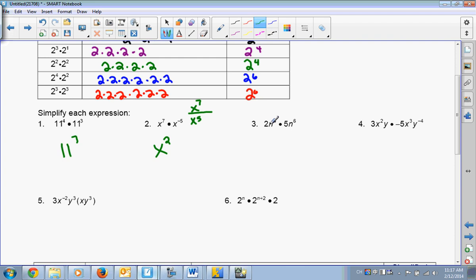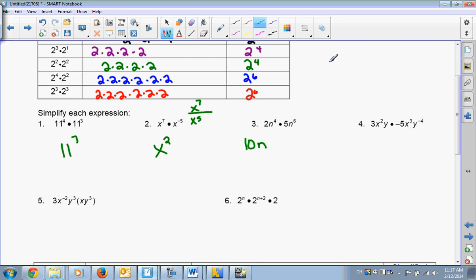The power of 4 applies to the n. The power of 6 applies to the n. So the 2 and 5 are just regular old numbers. So we just multiply those regular old numbers. 2 times 5 is 10. The ones you don't multiply are the bases. The bases here are the n's.